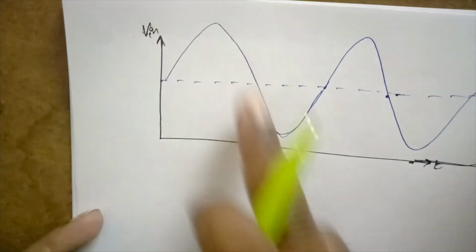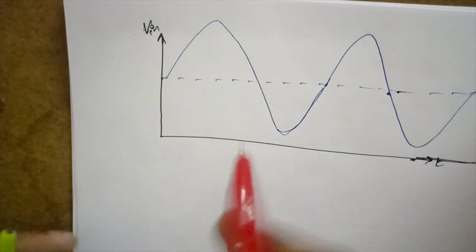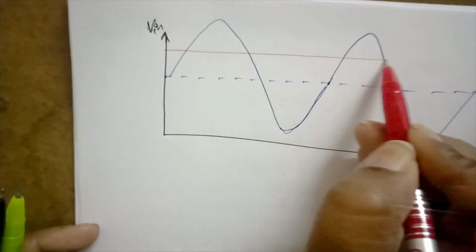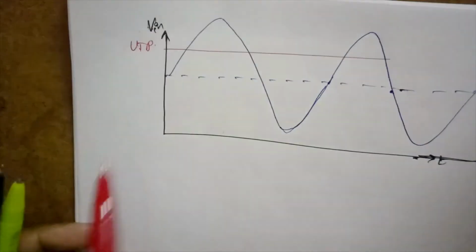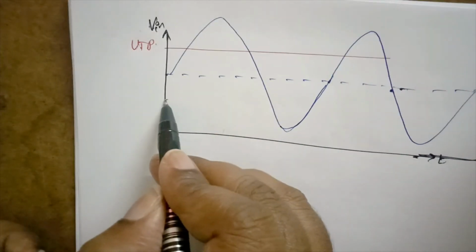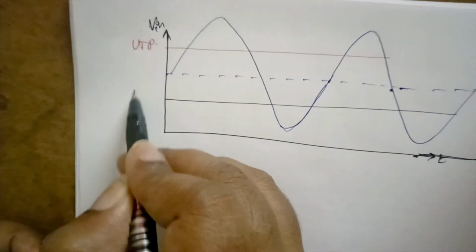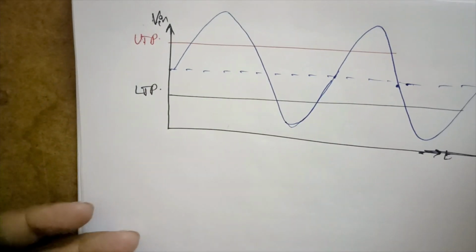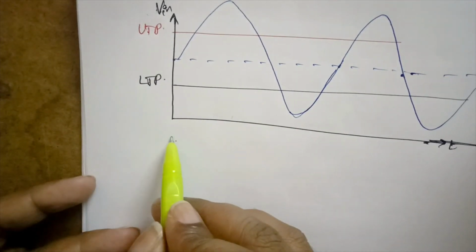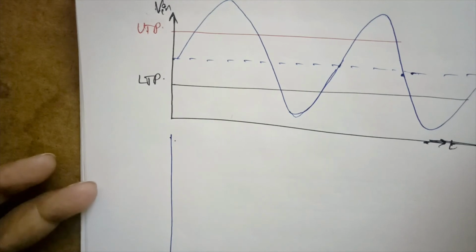So I am adding some DC level to the sinusoidal waveform. Here I am taking this as the UTP value and this one as the LTP value. So what will be the output waveform? Let us see.